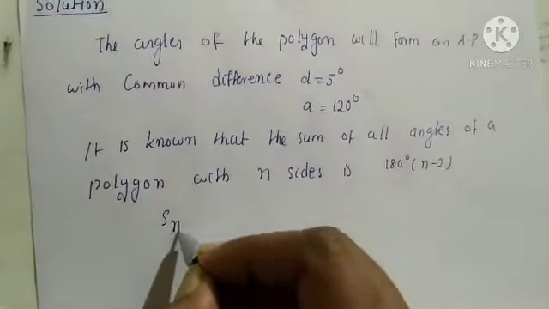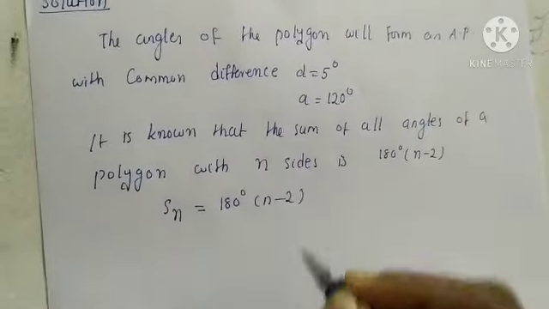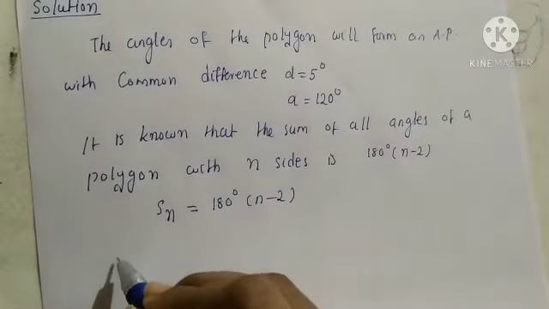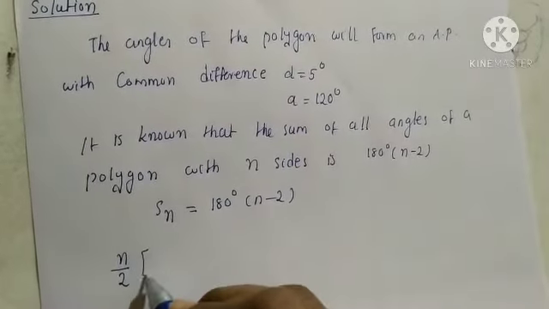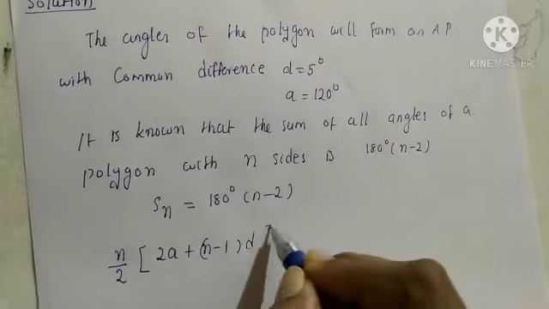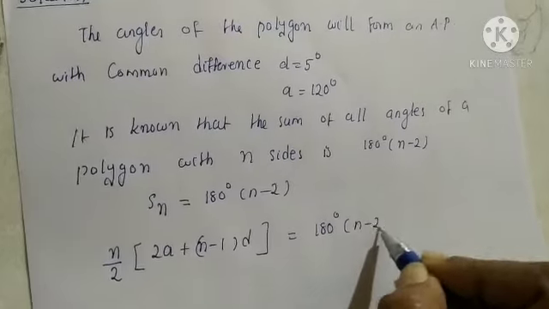That is Sn equal to 180 degrees into n minus 2. And we know the sum of n terms is n by 2 into 2a plus n minus 1 into d, which will be equal to 180 degrees into n minus 2.